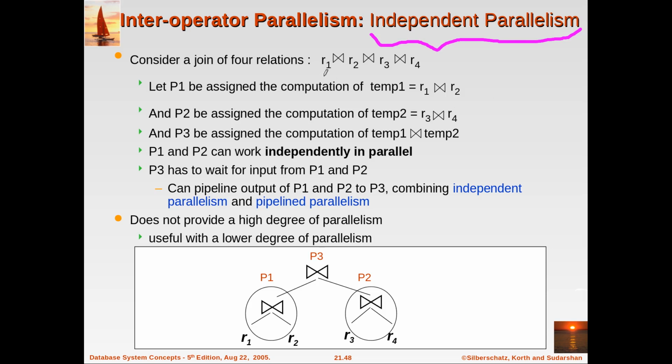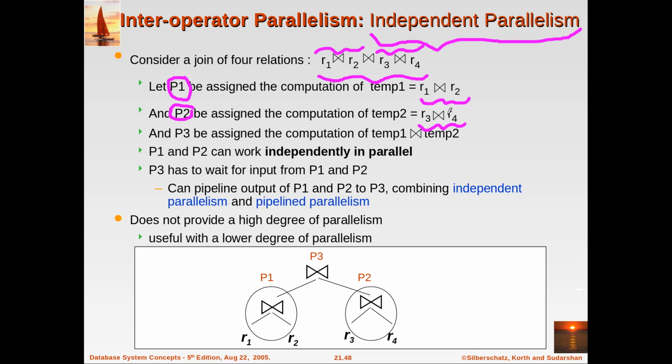Consider the same join operation here also, R1 join R2 join R3 join R4. What we are going to do is, in the processor P1 we will assign R1 join R2, the first portion. Then into P2 we will assign R3 join R4. So this is one session and this is one session.